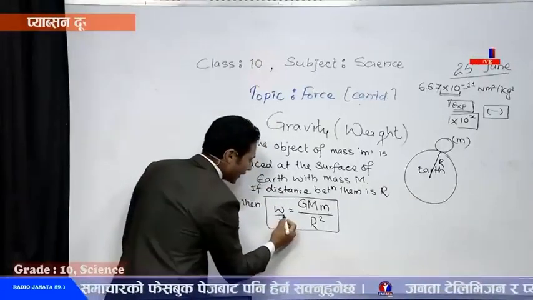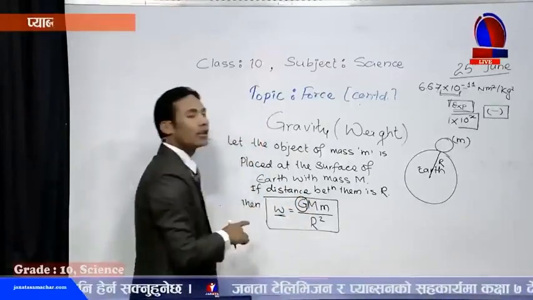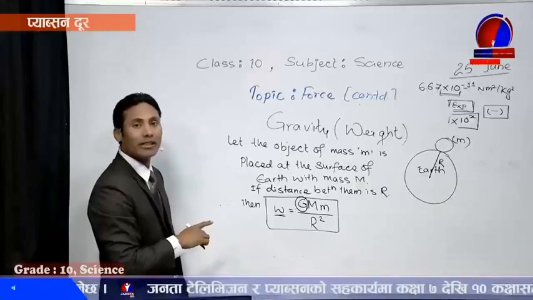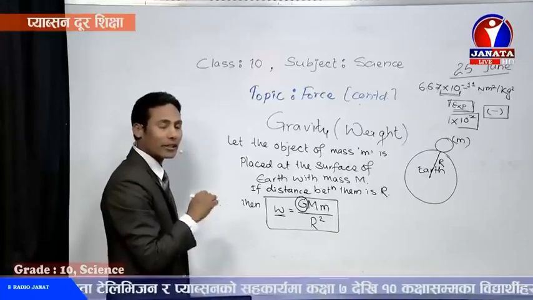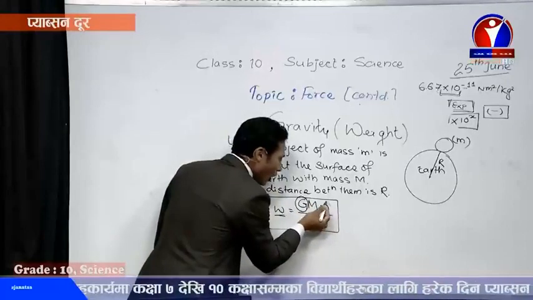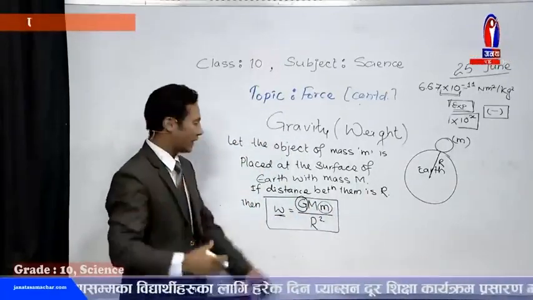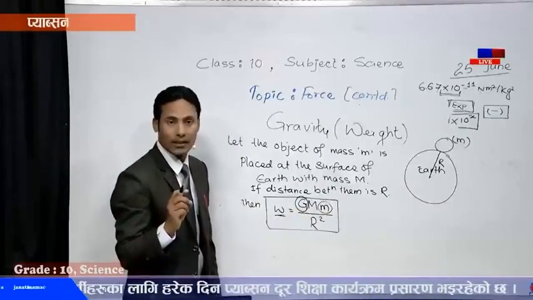Now, this capital G is a universal constant. Everywhere the value is the same. It is a gravitational constant, so the value is constant. And this small object m also, if we take the object to different places, the mass is also constant, isn't it?